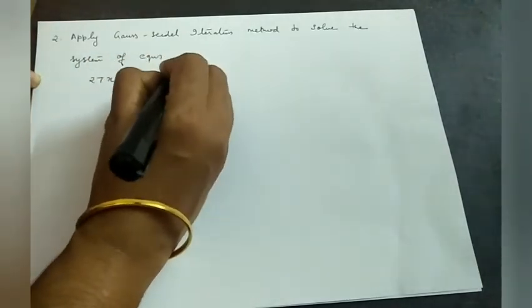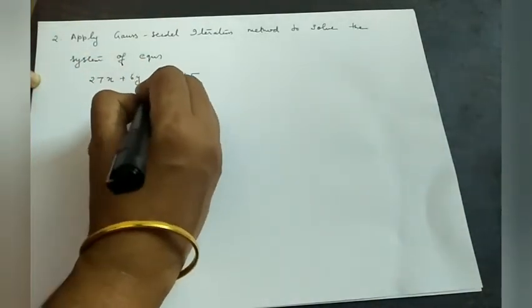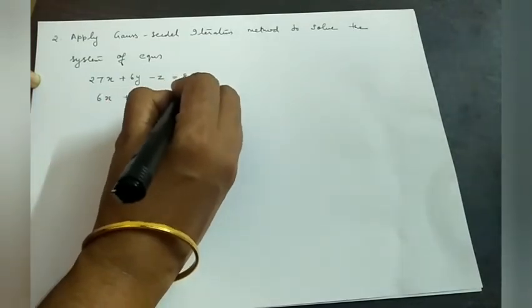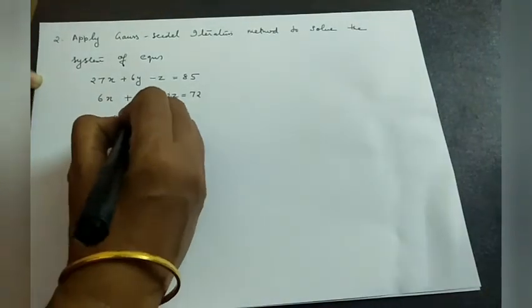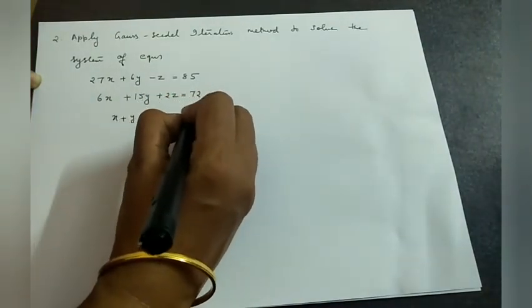That is 27x + 6y - z = 85, 6x + 15y + 2z = 72, x + y + 54z = 110.